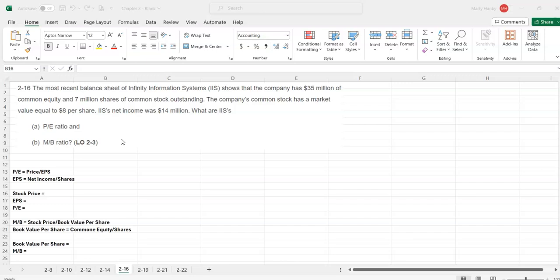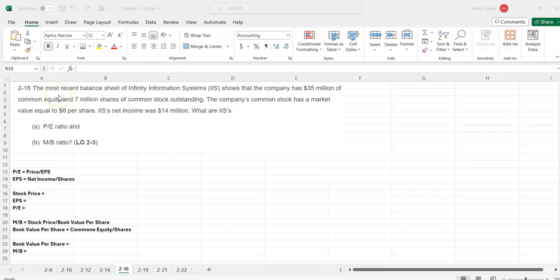As a market to book approaches 1, the firm is likely to be undervalued, or the resources of the firm could be better utilized. So that makes them a target for takeover. But read the question here.